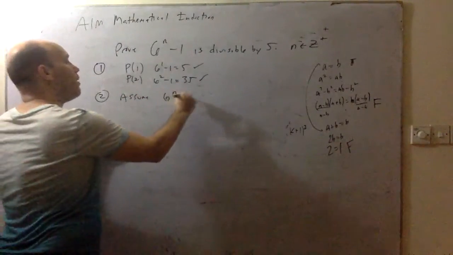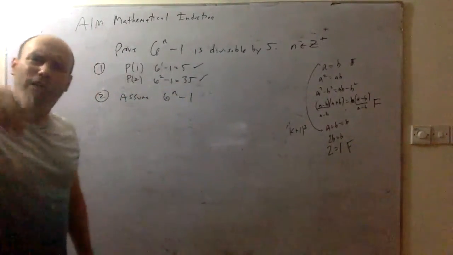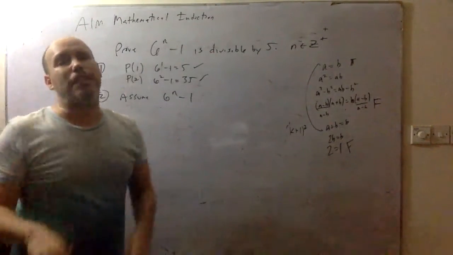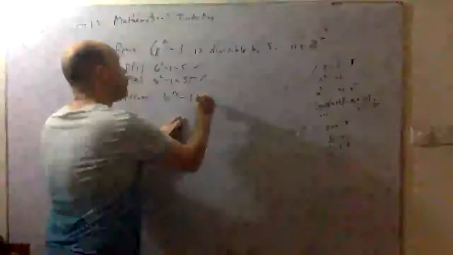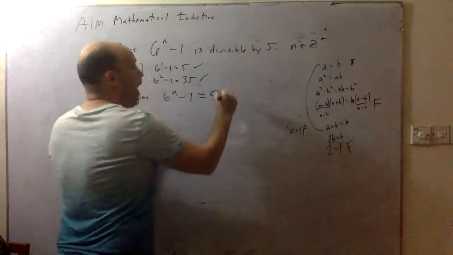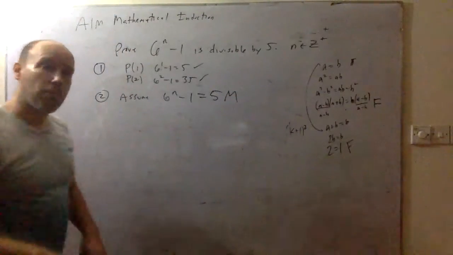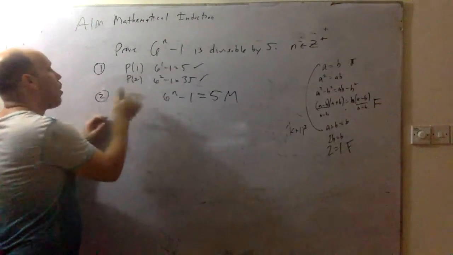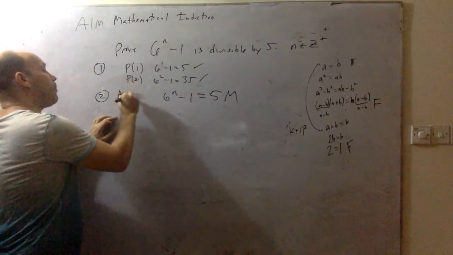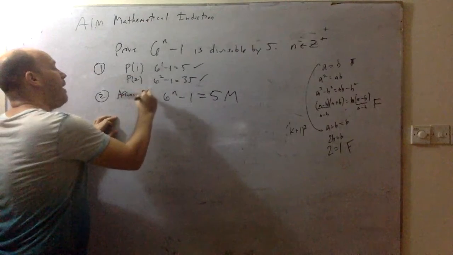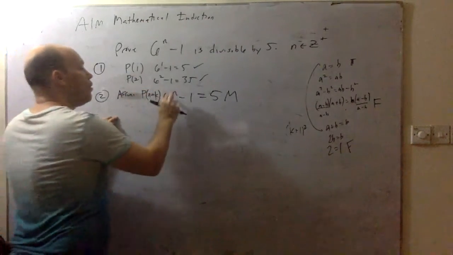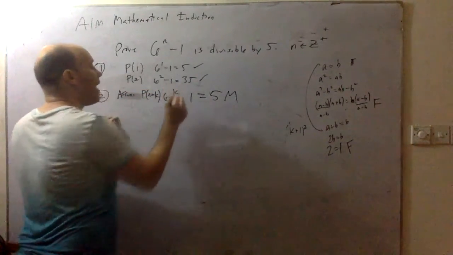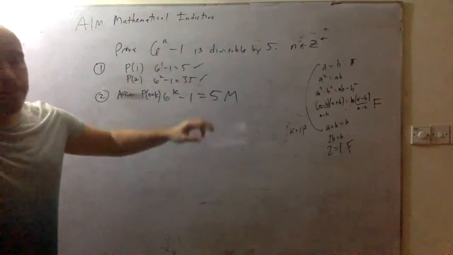Step 2, assume that 6 to the n minus 1, well, on the sheet I told you how to express when something's divisible by 5. It's equal to 5m, right? So we're supposed to write, assume that n equals k, so 6 to the k minus 1 equals 5m.